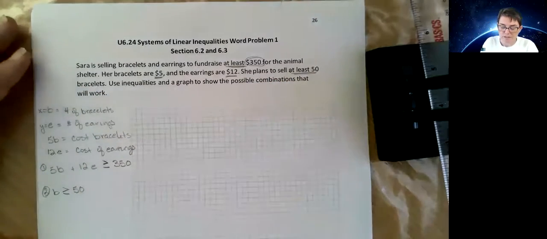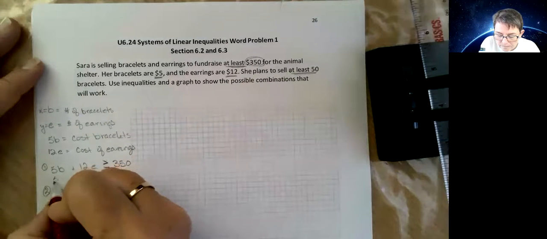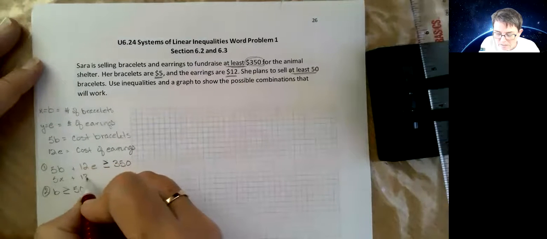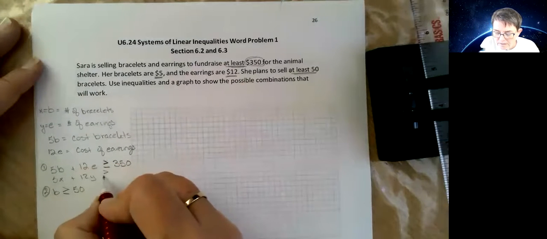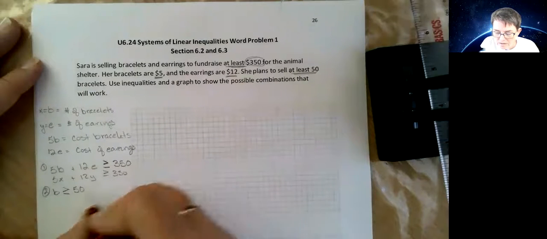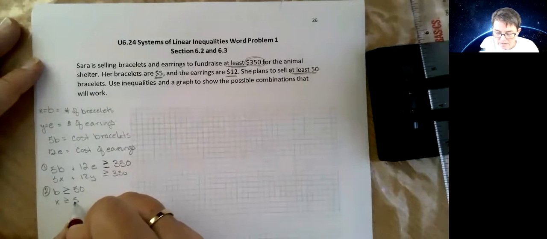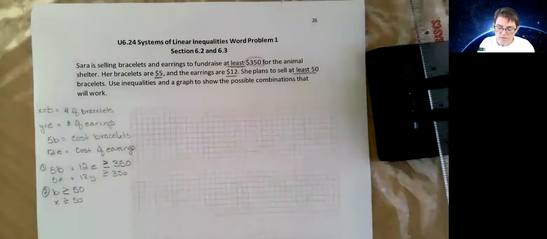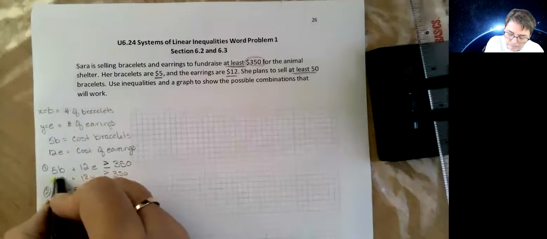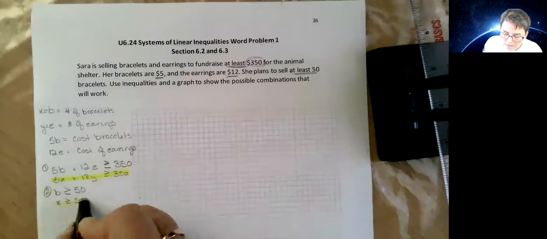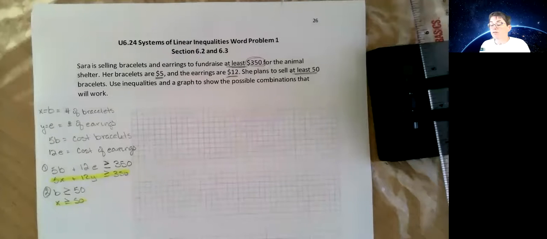So 5x plus 12y is greater than or equal to 350, and my x is greater than or equal to 50. Those are my two inequalities that I need.